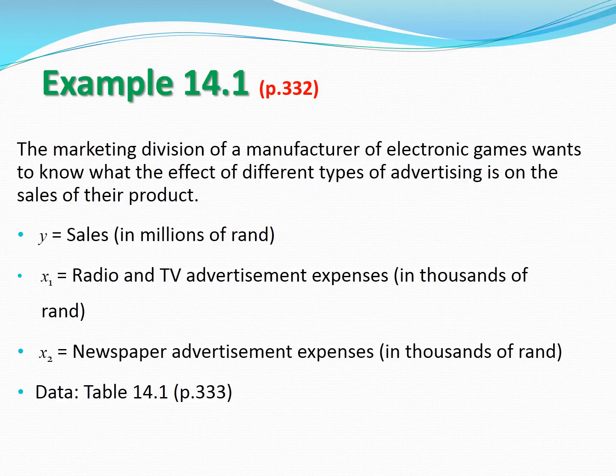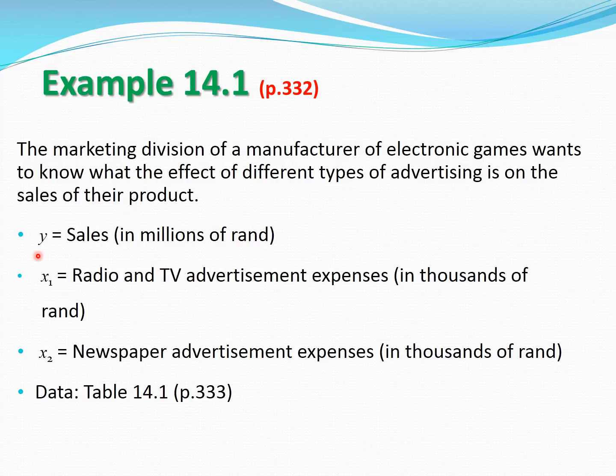The background to the chapter example is given on page 332. So there they tell you, the marketing division of a manufacturer of electronic games wants to know what the effect of different types of advertising is on the sales of their product.